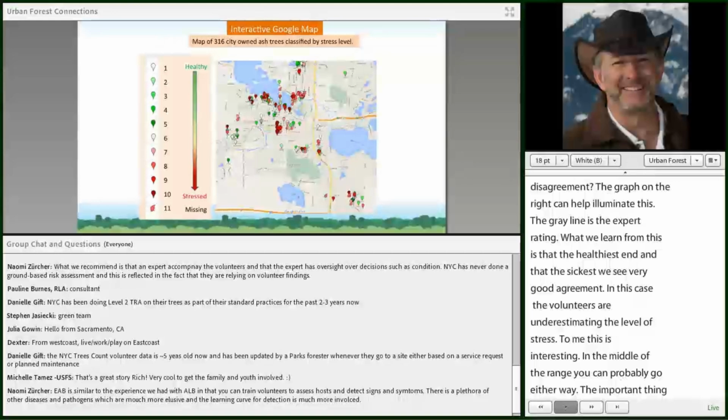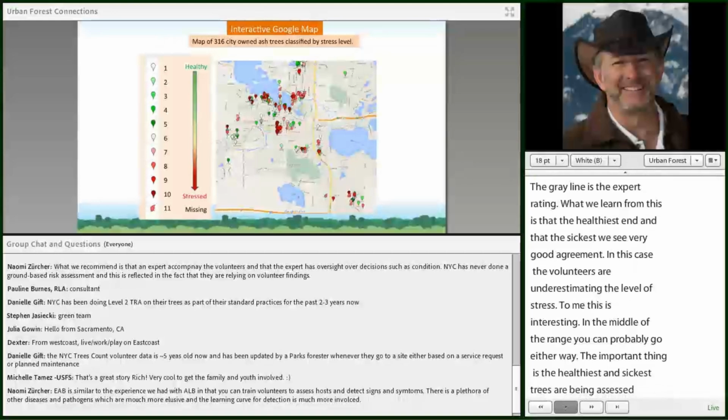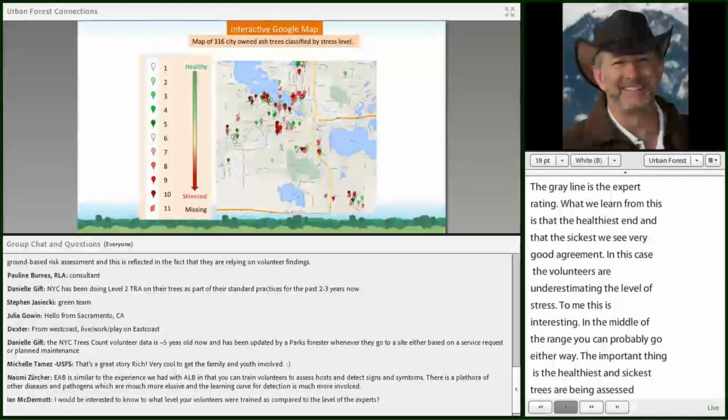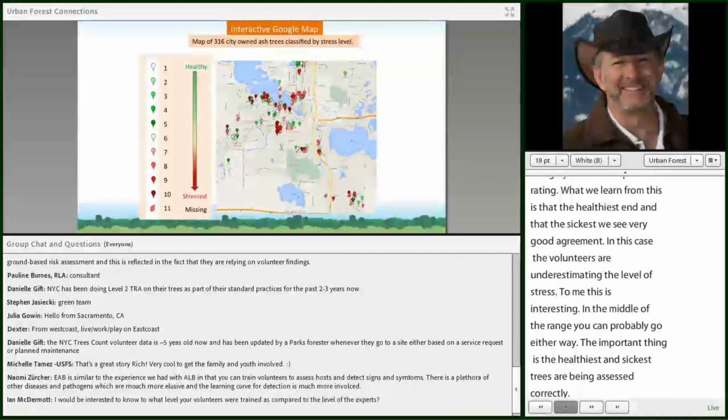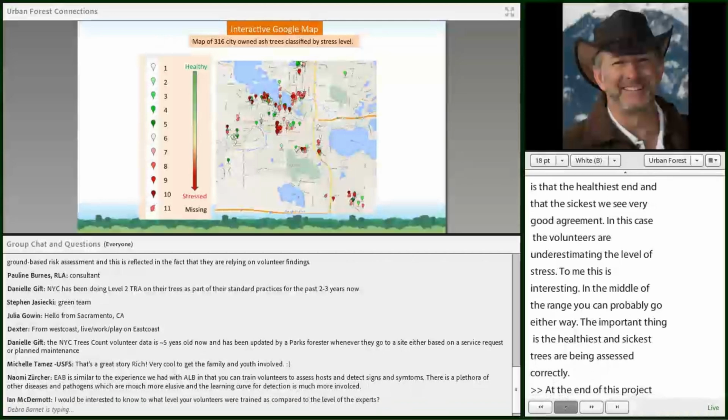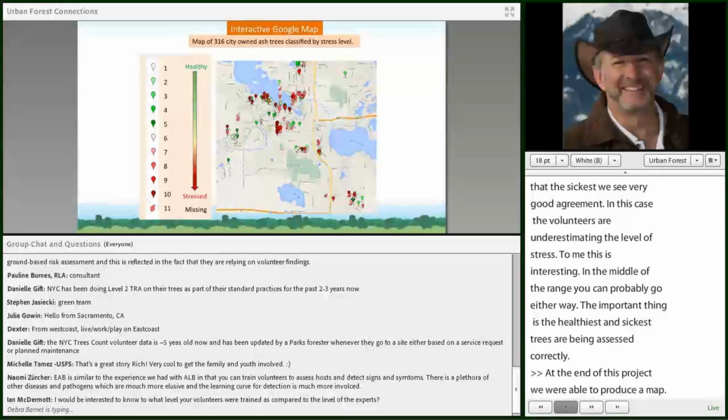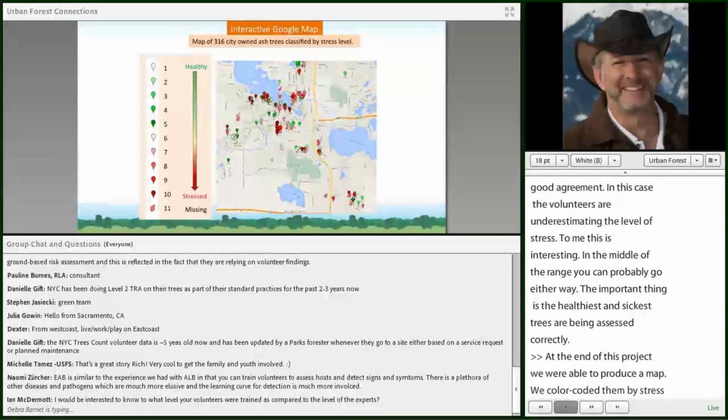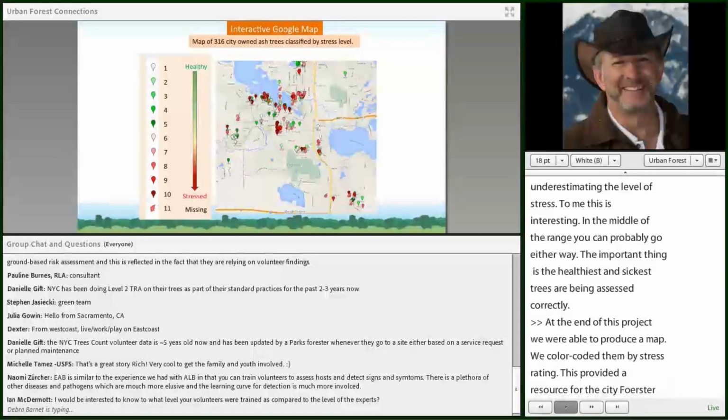So at the end of this project, we were able to produce a map of all the trees in Oconomowoc, and we color-coded them by stress rating, and this provided a resource for the city forester to go out or send his crews out to check the trees to figure out which ones might need to be taken down.